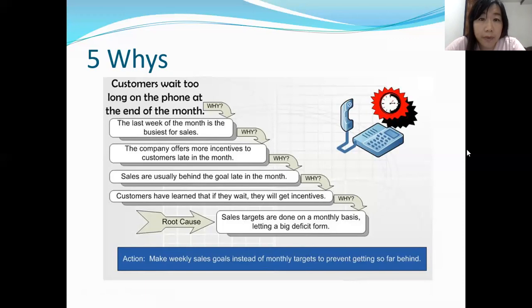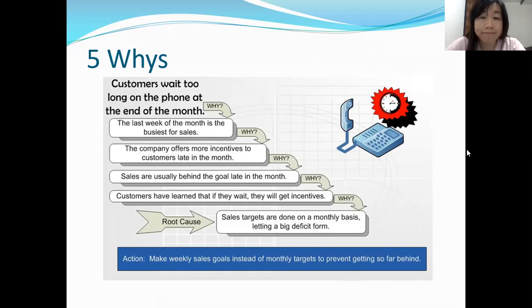Then we look at the operator: are the operators incapable of handling customer complaints? And then the machine, the phone problems, and the internet connections, and so on. If you use the Ishikawa diagram, we try to identify the root cause from 4M1E: man, methods, material, machine, and then environment.